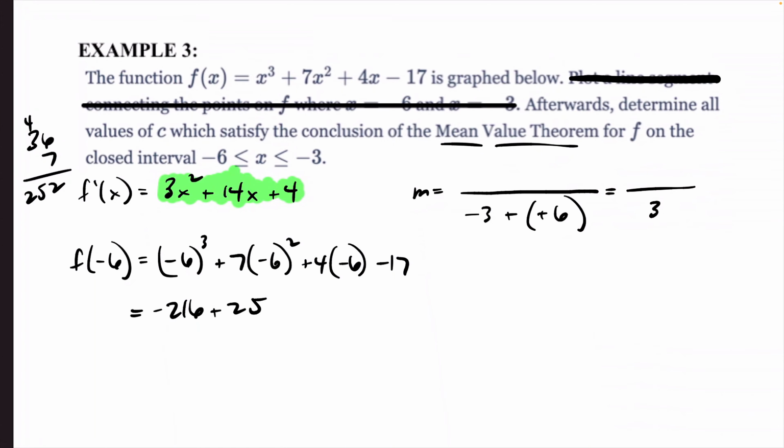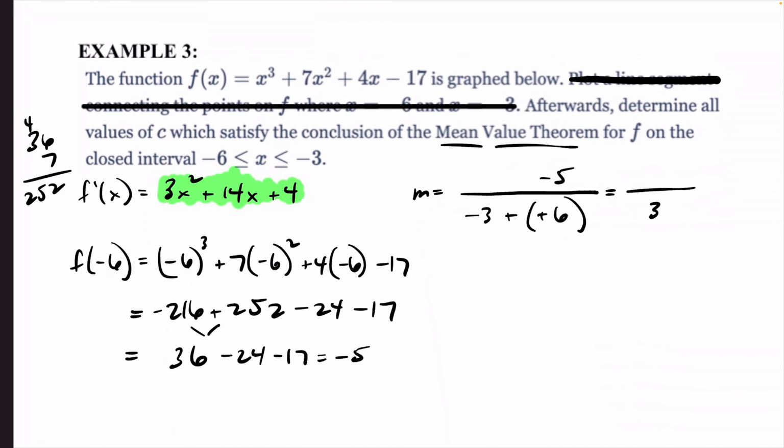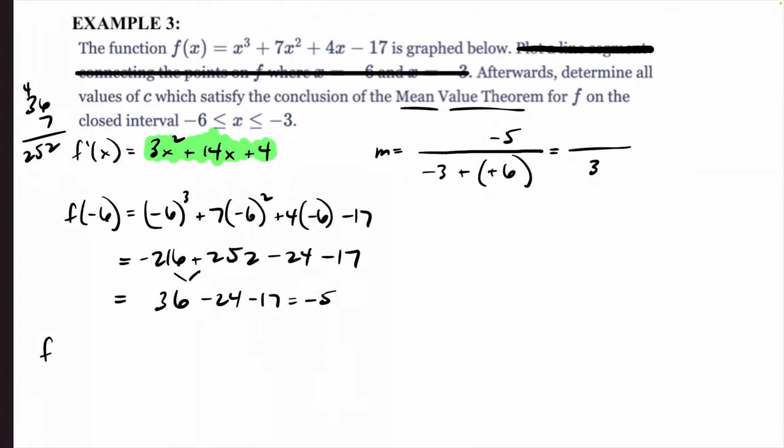Positive 252. Minus 6, minus 17. So -216 plus 252 is 36. Minus 6 minus 17 gives 13, minus 17 is -4. All right, now -3. -27. Okay, -3.